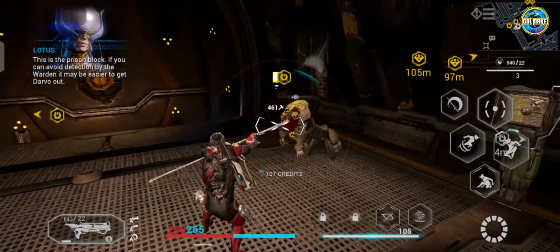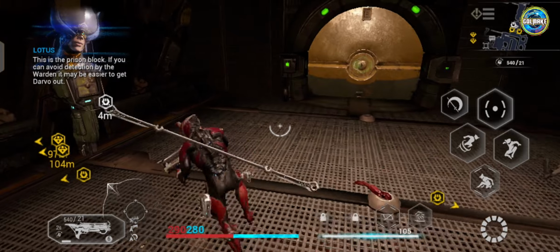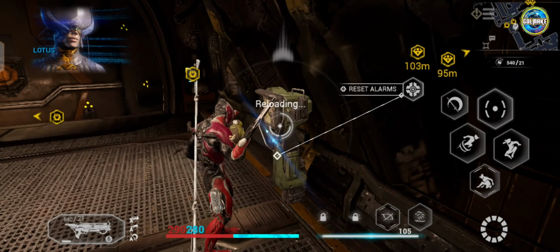This is the prison block. If you can avoid detection by the warden, it may be easier to get Darvo out.